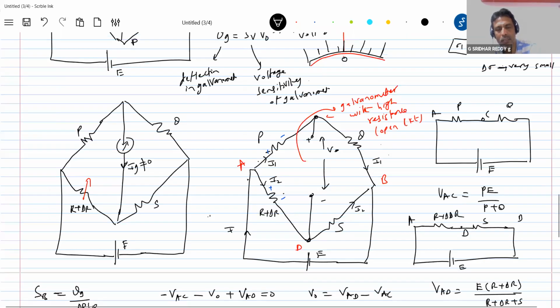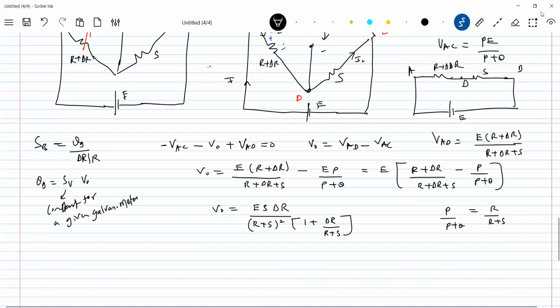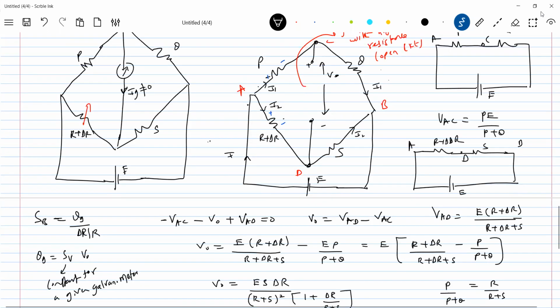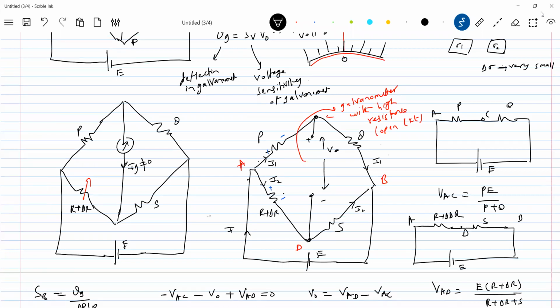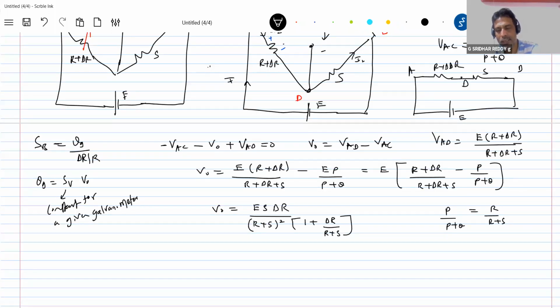I brought it from the initial one, the Wheatstone network, where I replace P by P plus Q with R by R plus S. Then I solved it. Finally, I ended up with this equation.